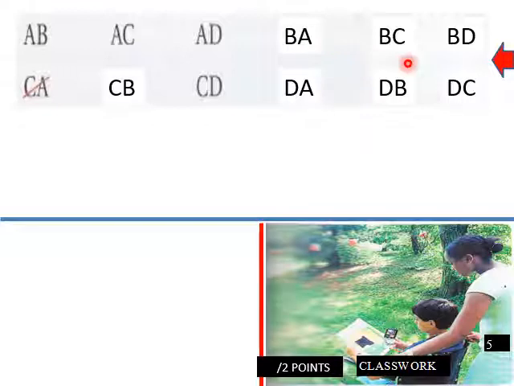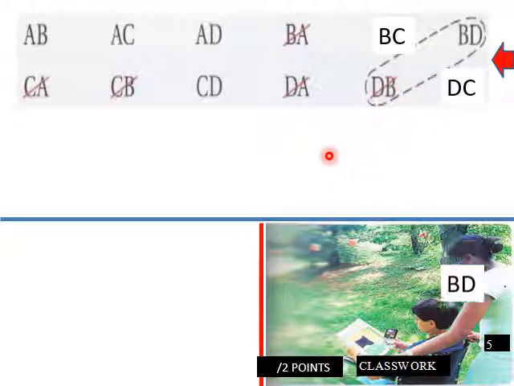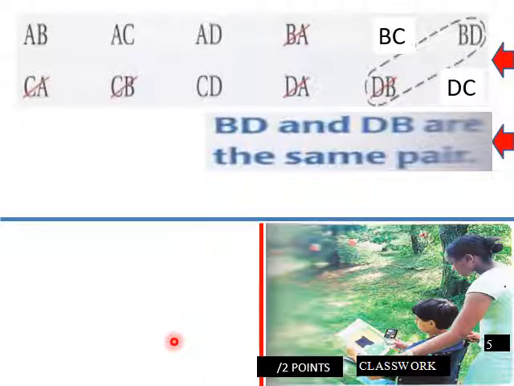AB, AC, AD, BA, BC, BD, CA, CB, CD, DA, DB, DC. So CA would be a double of AC. BD and DB would be another one that you would have to cross out.